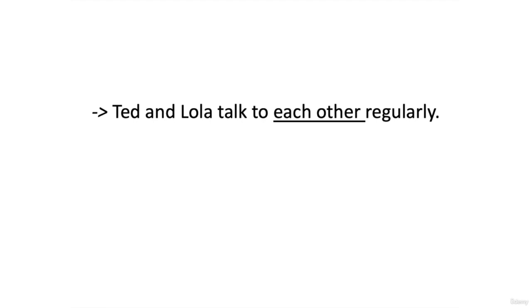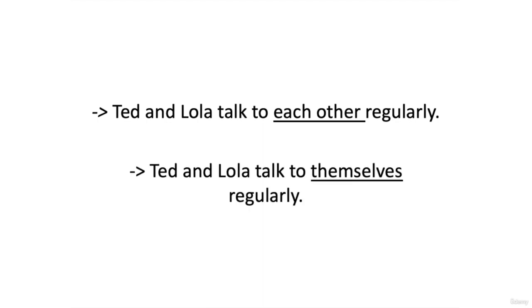This sentence means that Ted talks to Lola and Lola talks to Ted. But in the sentence, Ted and Lola talk to themselves regularly, this sentence means that Ted talks to Ted and Lola talks to Lola.